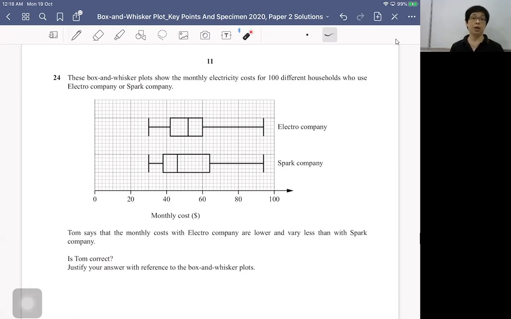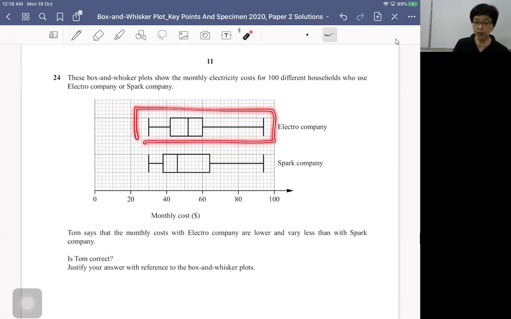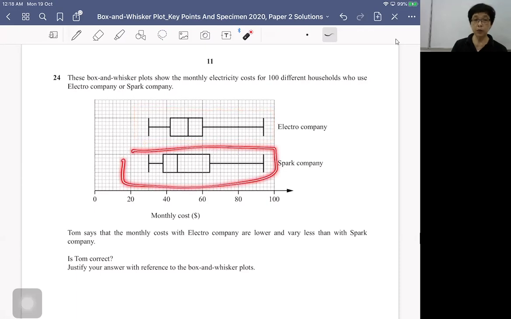or Spark company. And then you notice there are two box and whisker plots displayed side by side on the same grid, and they were also clearly named for us. The top box and whisker is the result from surveying Electro company, and the bottom box and whisker is the survey we found from the households who use Spark company.